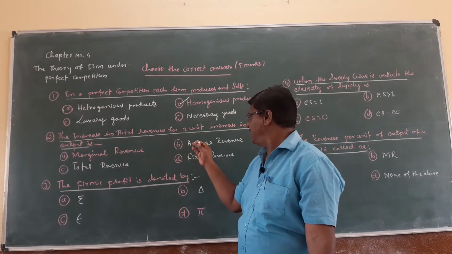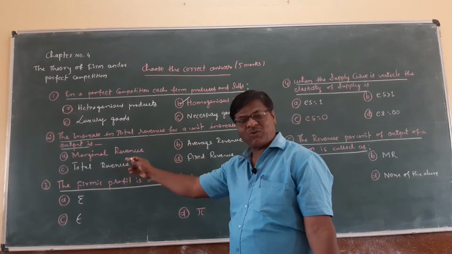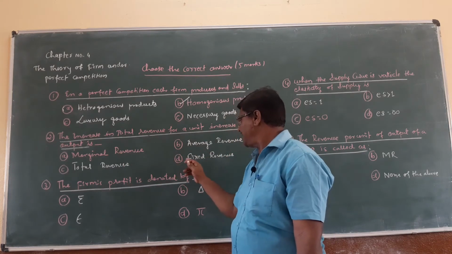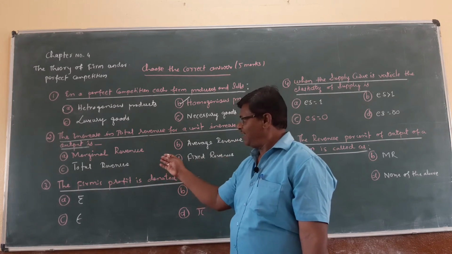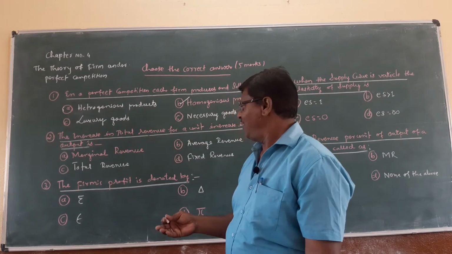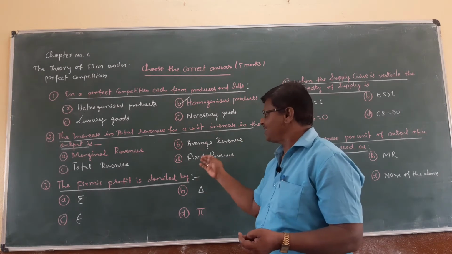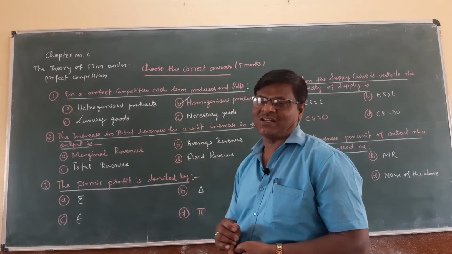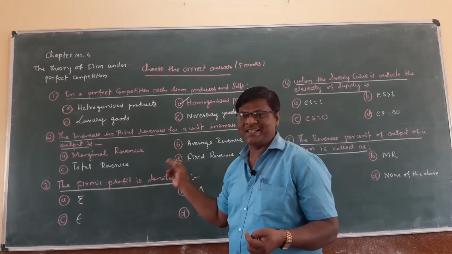Option B, average revenue. Option C, total revenue. Option D, fixed revenue. Already you know the meanings of marginal revenue, average revenue, fixed revenue and total revenue. But we have to choose among these four options.